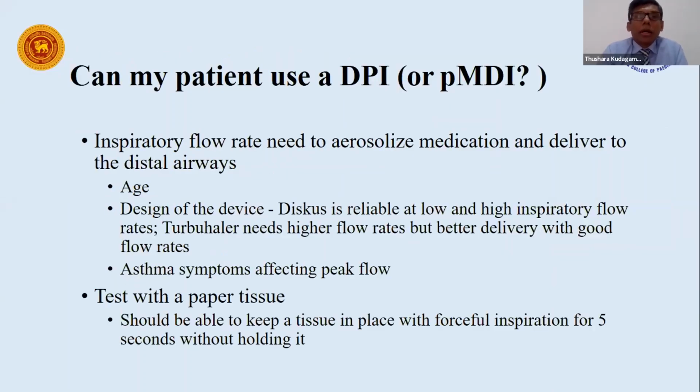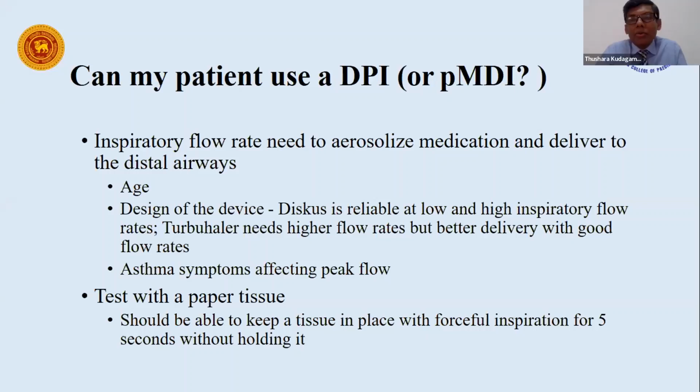So should I use a dry powder inhaler on my patient, or is it okay to use? Now, to use a dry powder inhaler, you need to generate an inspiratory flow rate to aerosolize the medication and deliver it to the distal airways. Obviously, this will depend on the age of the child, so smaller children might not be able to use it properly.